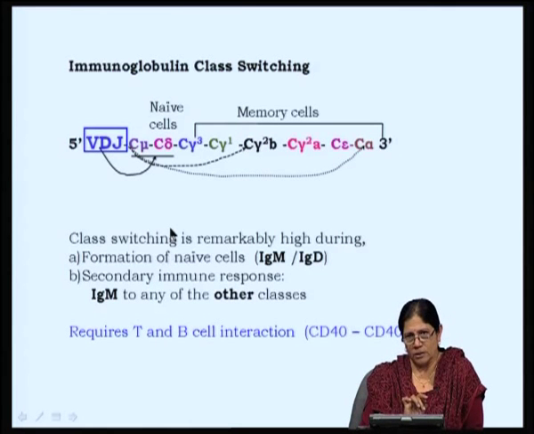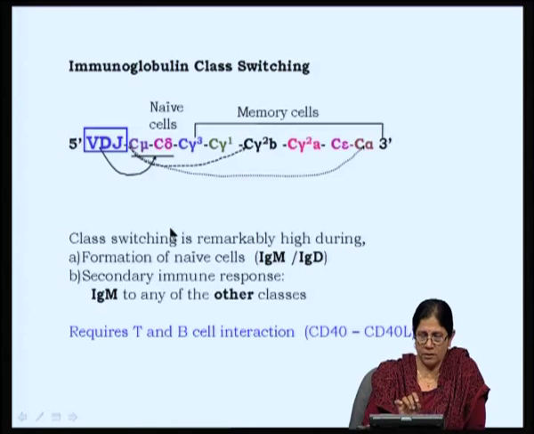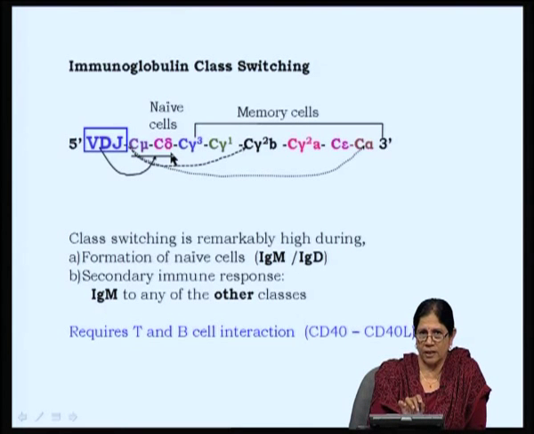Now, when do you see class switching? If one thinks in terms of switching from mu to delta itself, which happens by alternate splicing at the mRNA level, then class switching is remarkably high during the formation of naive cells. You have both.